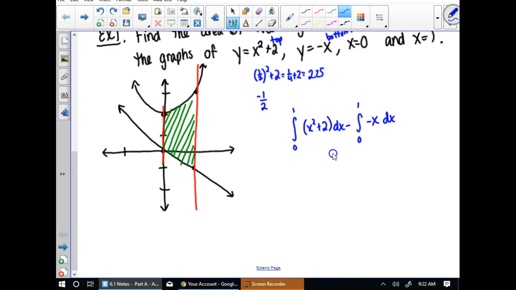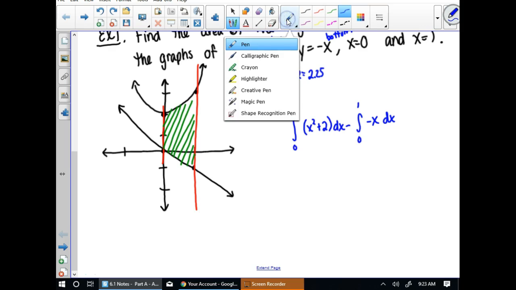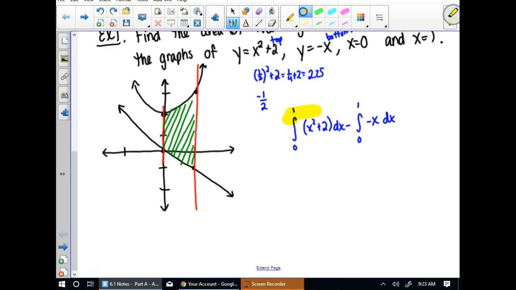Now this one's a little bit weird because when I have, I'm going to highlight each section here. When I have this right here, it is the area right here, right? And then for this part, it is this area here. It doesn't look like I should be subtracting there, right?